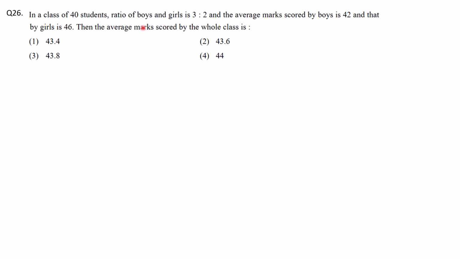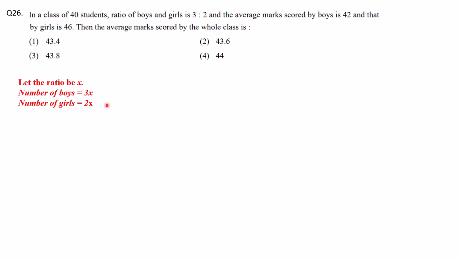In a class of 40 students, the ratio of boys and girls is 3:2, and the average marks scored by boys is 42 and that by girls is 46. Then the average marks scored by the whole class is. So first of all, from the first statement, I can find out the number of boys and number of girls, because the ratio of boys and girls is given. So whenever a ratio is given, let's assume the ratio be x.